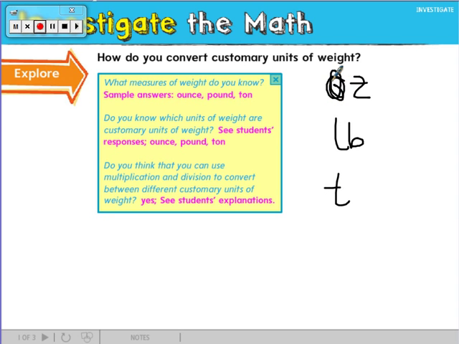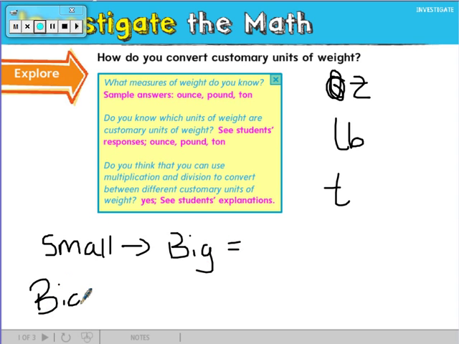And just like yesterday, we need to know if we're going to go from a small unit to a big unit, or a big unit to a small unit. Why do we need to know that?